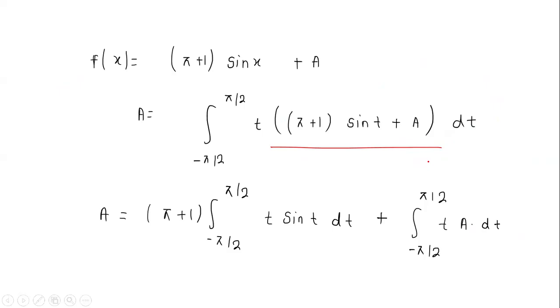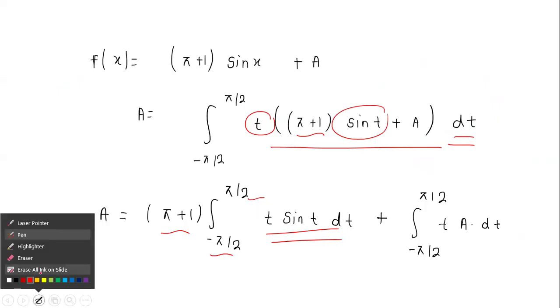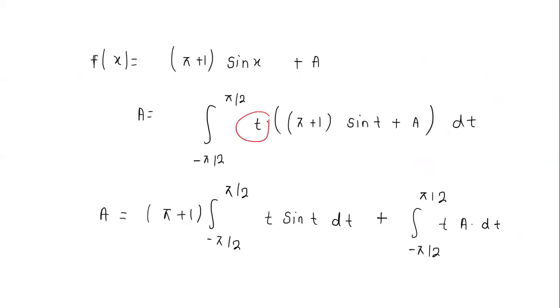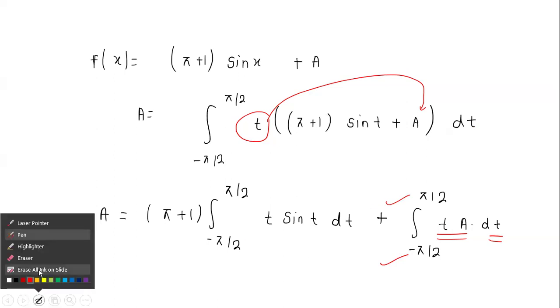From here you can take this pi plus 1 outside, and the integration is minus pi by 2 to pi by 2. Here we have t, here we have sin t, and this is dt. And another thing, this t and this a combination, which is ta dt, limits are minus pi by 2 to pi by 2. So now we have these two things.